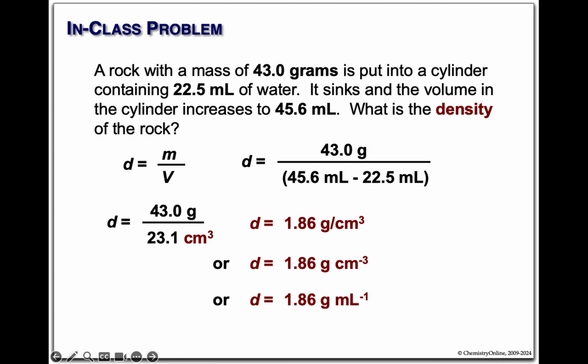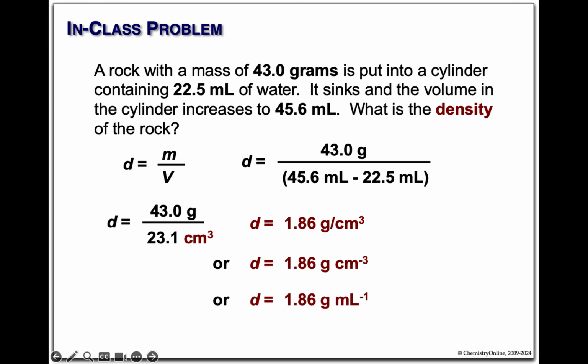Now, you can also write this as centimeters to the minus 3. Remember that something that's in the denominator, you can simply change the sign of the exponent. Same thing. And we could have left this in milliliters if we wanted to. So you will do this again with a rubber stopper. I think it's lab 3.